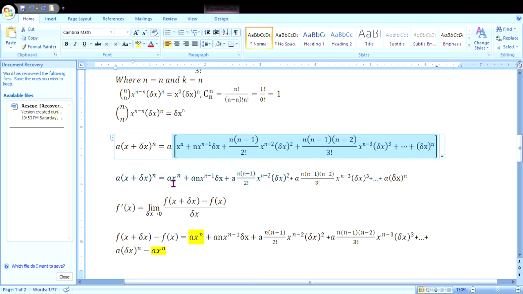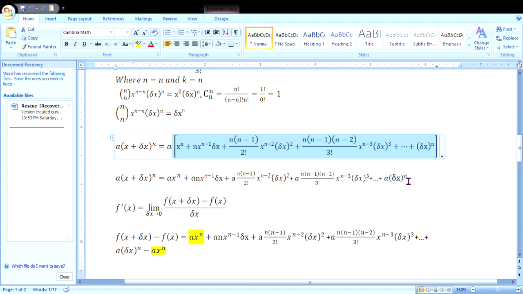By the time a multiplies, we have a s^n plus a n s raised to power n minus 1 delta s plus a into n into n minus 1 all over 2 factorial, then s raised to power n minus 2 delta s squared, plus a times n into n minus 1 into n minus 2 over 3 factorial times s raised to power n minus 3 delta s cubed, plus and so on, plus a times delta s raised to power n.